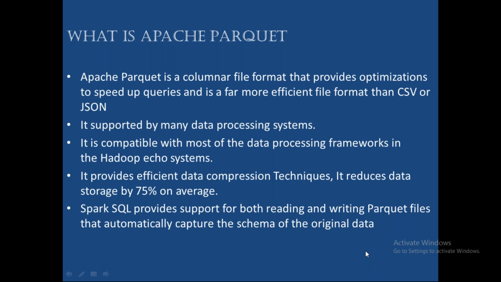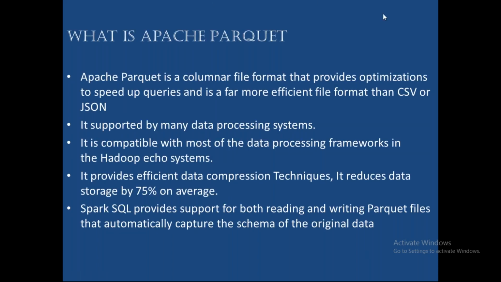You need not use inferSchema equal to true, header equal to true, all those things. Automatically it can detect the headers and the schema of that particular file. Okay, next. Any questions on this slide?